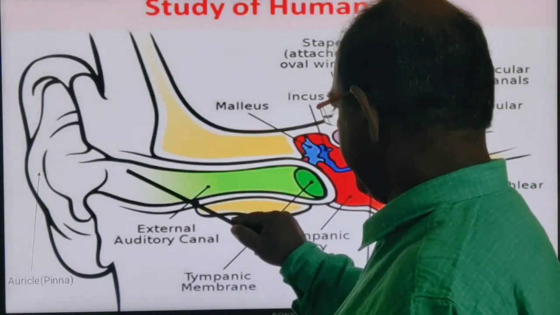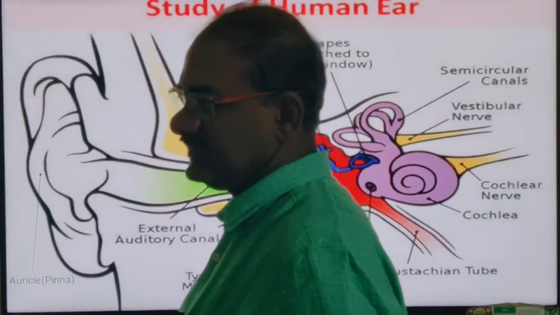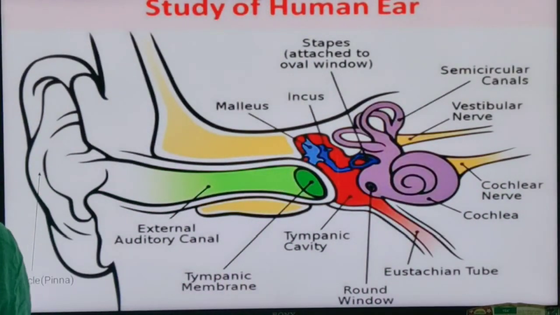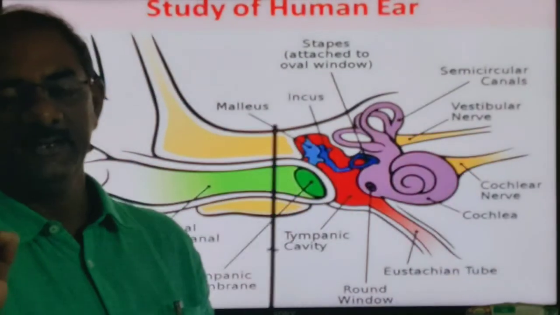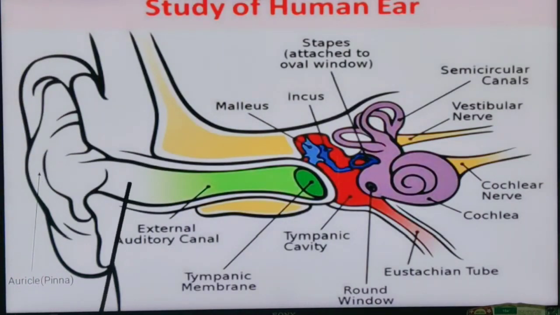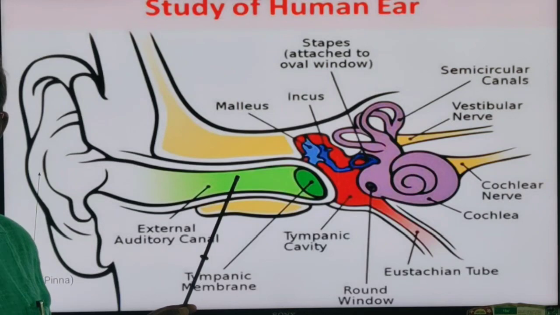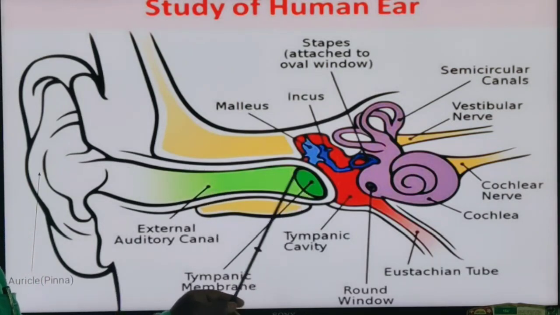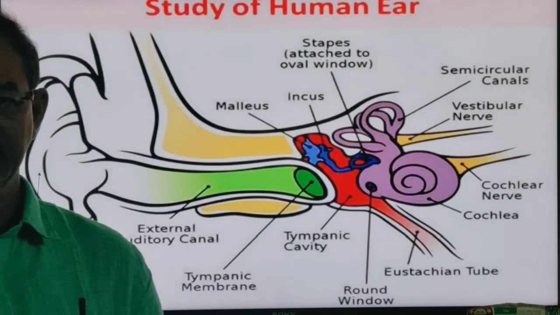In this canal, ceruminous glands are present, and ceruminous glands secrete cerumen, also called wax. This plays an important role: it lubricates the passage of the external as well as middle ear, and protection of the eardrum also occurs with the help of the ceruminous gland.